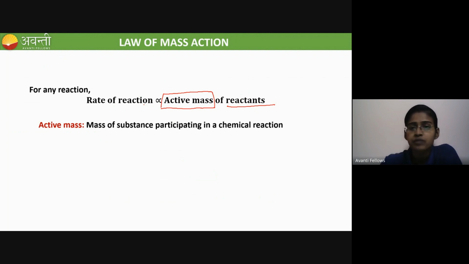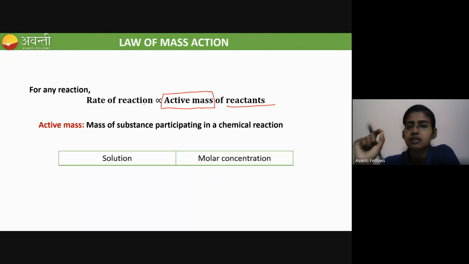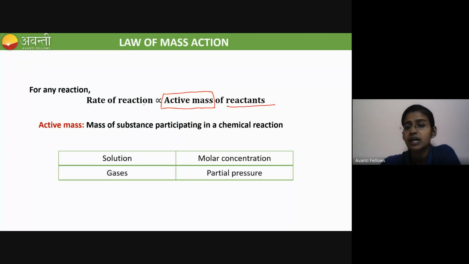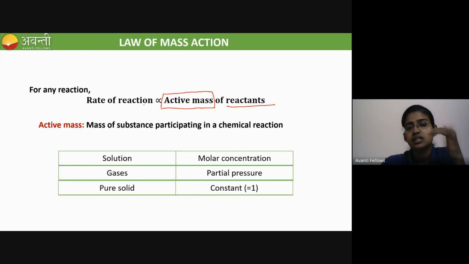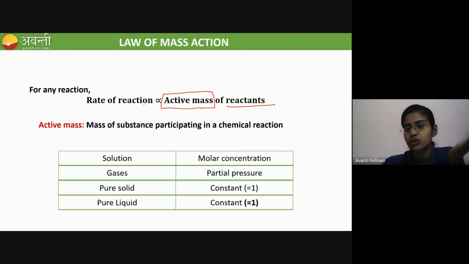For a solution, the active mass is represented by the molar concentration. If you have gases as the reactant, then we represent it by partial pressure. If we have a pure solid as a reactant, then the active mass is constant, that is, it is equal to 1. And for a pure liquid also, the active mass is equal to 1.